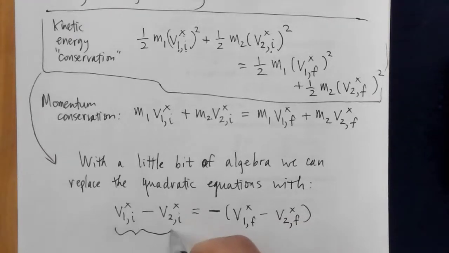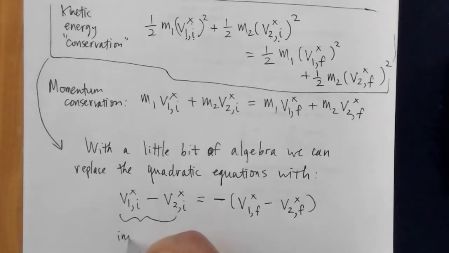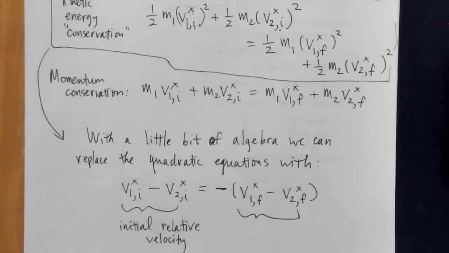Okay, so this here is the initial relative velocity. This one here is the final relative velocity.